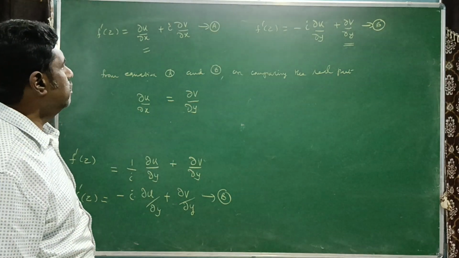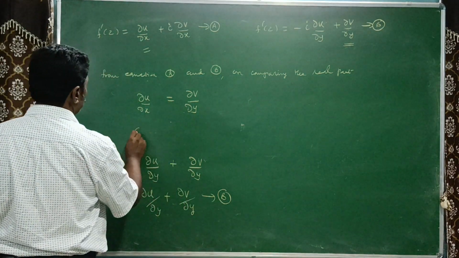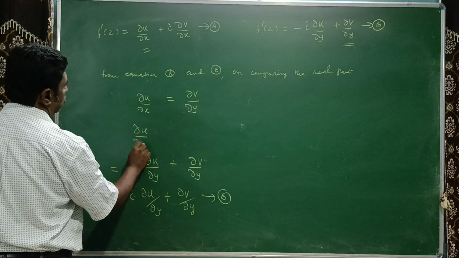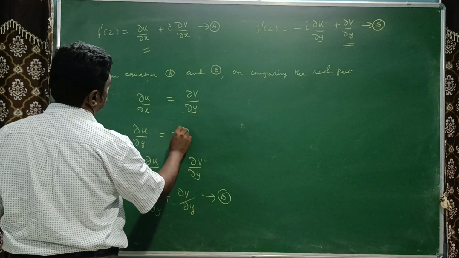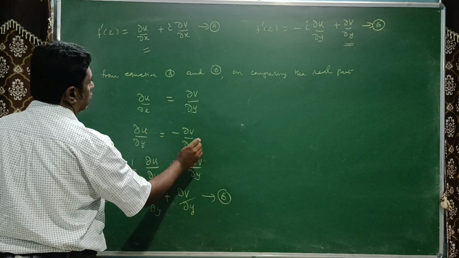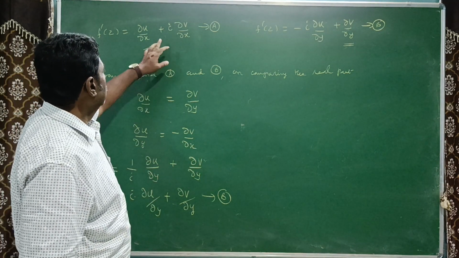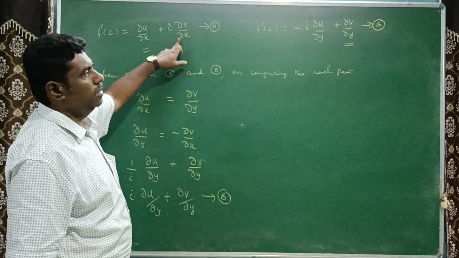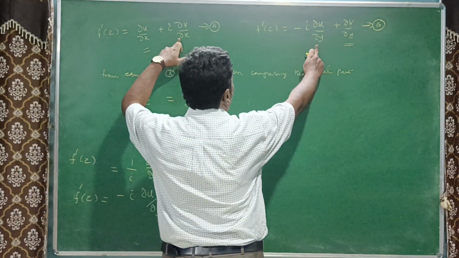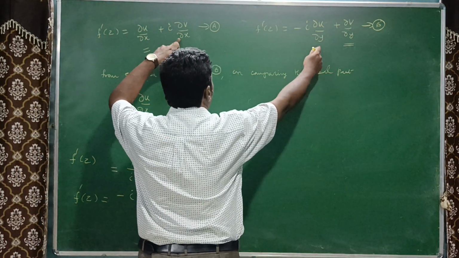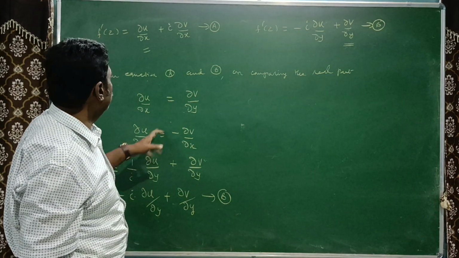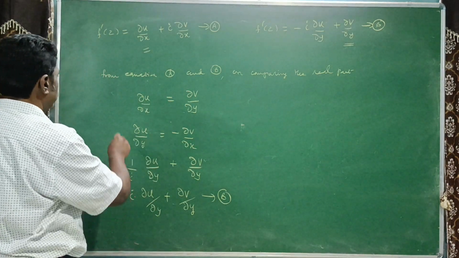Then compare the imaginary part, ∂v/∂x is the imaginary part here. Here the imaginary part is minus ∂u/∂y. Therefore, ∂u/∂y equal to minus ∂v/∂x.